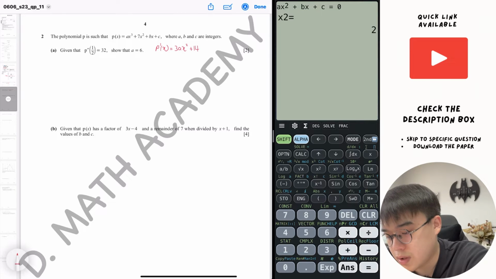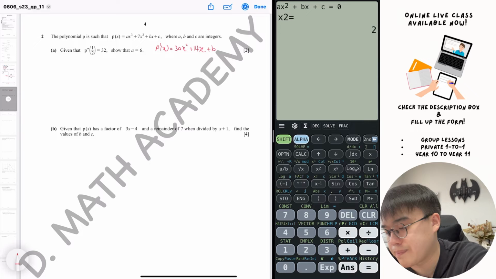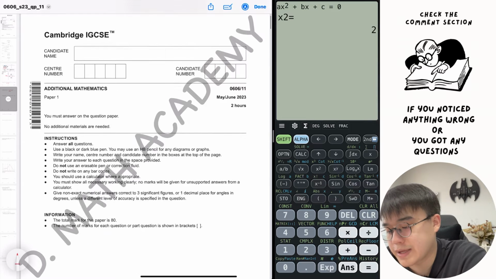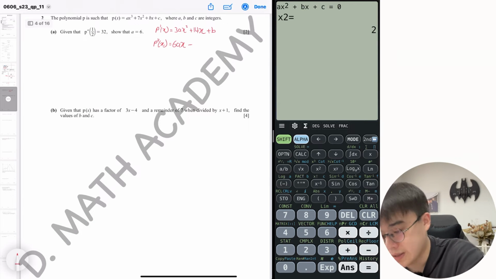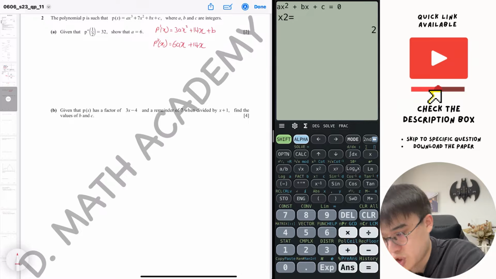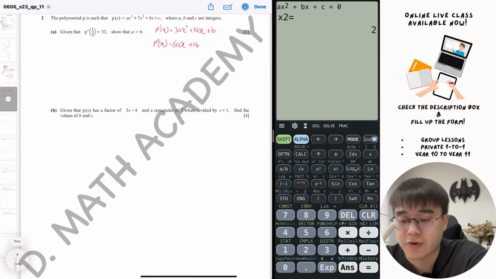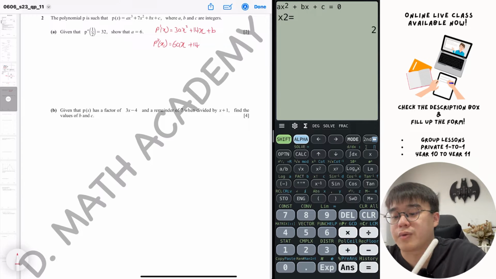As for the other, it will be 14x followed by b. So when you double prime it, it becomes 6ax plus 14. Okay, so this will be my final answer here. There's no more x for the 14 because it's second derivative already.